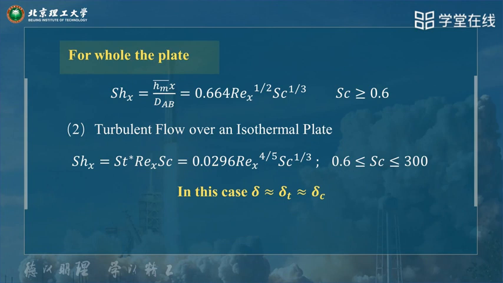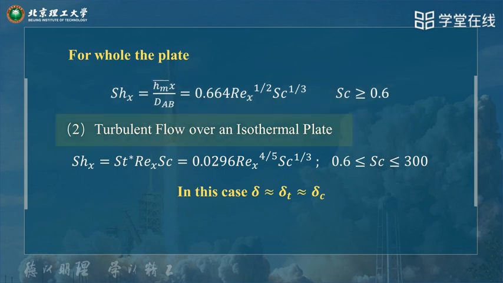For the whole plate, the average Sherwood number equals h_m average times L divided by D_AB, equals 0.664 Reynolds number to the power 1/2 times Schmidt number to the power 1/3. So this equation we can use to calculate mass transfer for the whole plate.